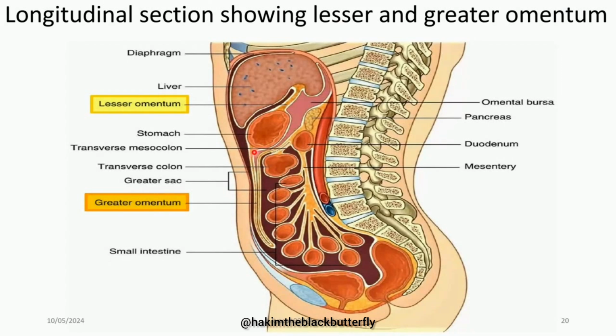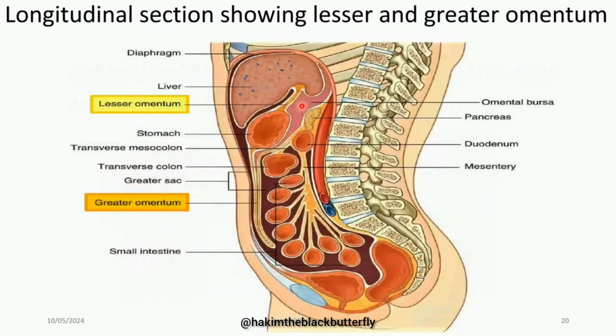The greater omentum, we say, extends from the stomach downwards like an apron to cover these coils of the intestines, and the lesser omentum, we said, extends largely from the stomach to the liver, and beneath it there is a space that we call the omental bursa or the lesser sac. We're going to talk about it more.